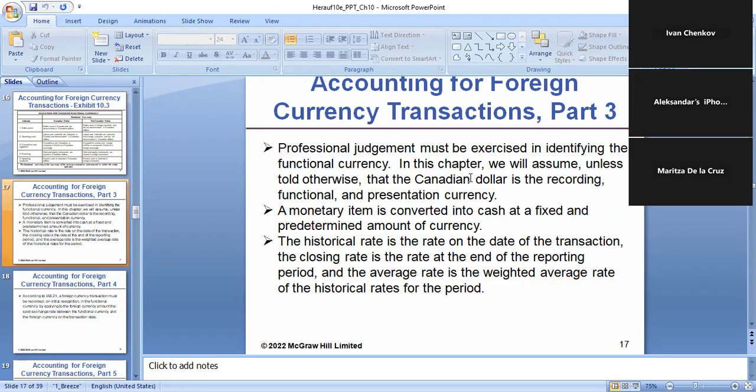A monetary item is converted into cash at a fixed or predetermined amount of currency. The historical rate is the rate on the date of the transaction.